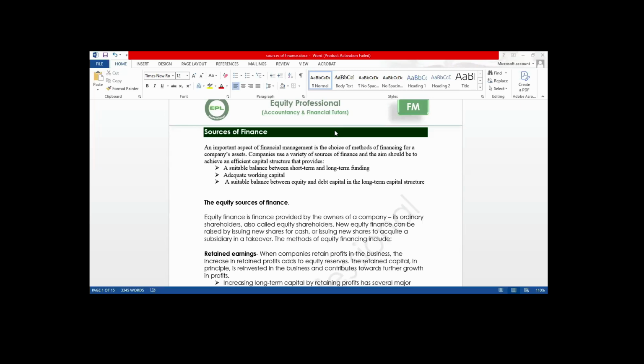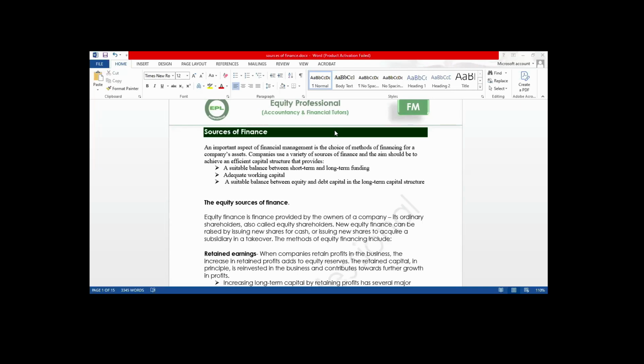That means companies use a variety of finance sources. Now, the question you ask yourself is, why do companies use a variety of finance sources?